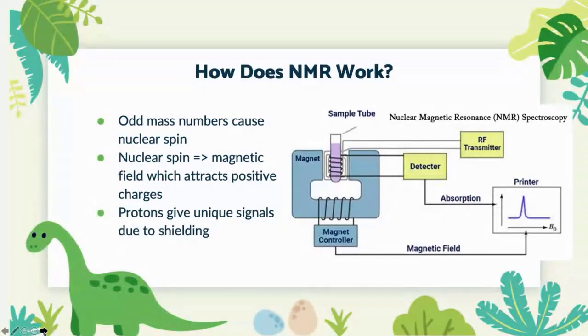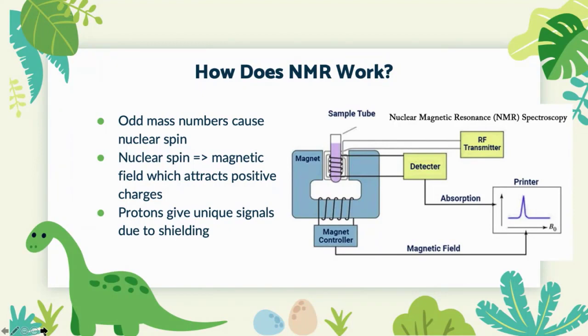We don't do C12, which is the normal carbon isotope that you're used to seeing, because we want that odd mass number. And once we have that nuclear spin, that can affect how far charge travels on a magnetic field. We're going to see that the magnetic field attracts highly positive charges.